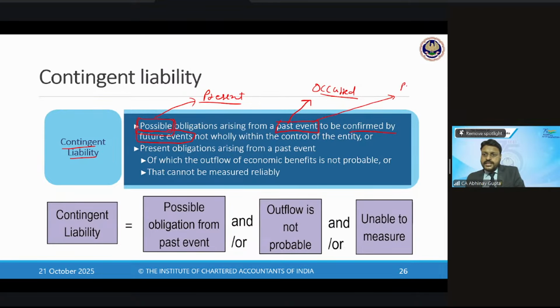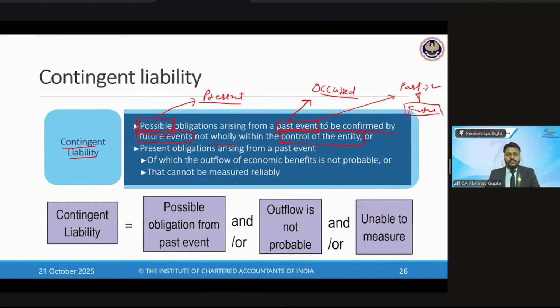Some event has occurred, which is the past, already done. And it will be confirmed by some future event whether this past event which has occurred will result into an obligation or not, right? And that future event is not wholly within the control of the entity. So entity cannot control, right? It depends, right?